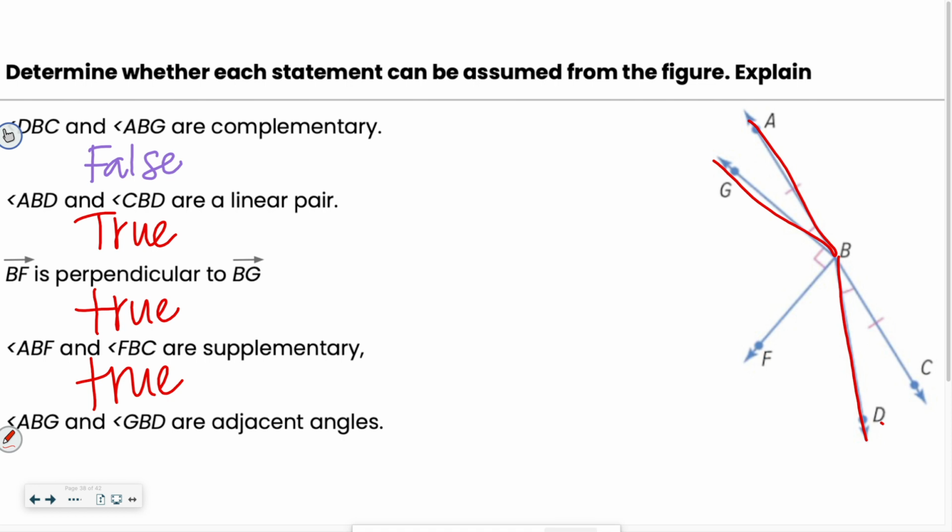What does adjacent mean? Do they share a side and a vertex? Yes. BG, look, it's in both of them. True. We'll get better at these.